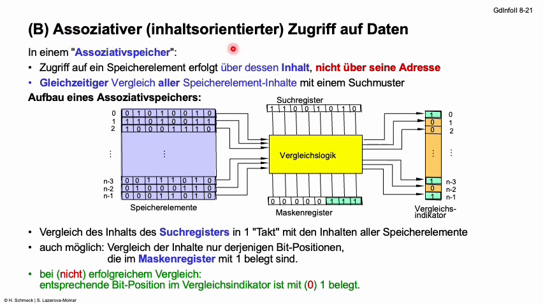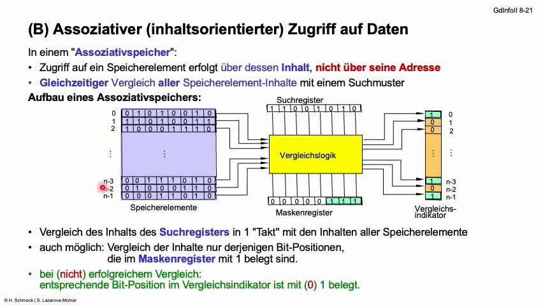Associative access is a special type of random access method, performed through comparison of desired bit locations within a word for a specific match. And you do this for all words at the same time, so you're doing some kind of pattern matching. In general, in associative memory, a memory is accessed by its contents, not by the address.